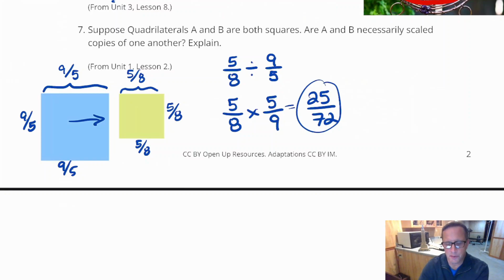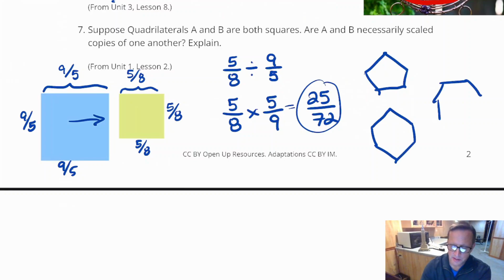Well, I should say, regular shapes will always be scaled copies. This is not a great regular hexagon or a pentagon, but regular hexagons, octagons that look like a stop sign, they're going to be scaled copies as long as they're regular, where all the sides are the same length and all the angles are equal.